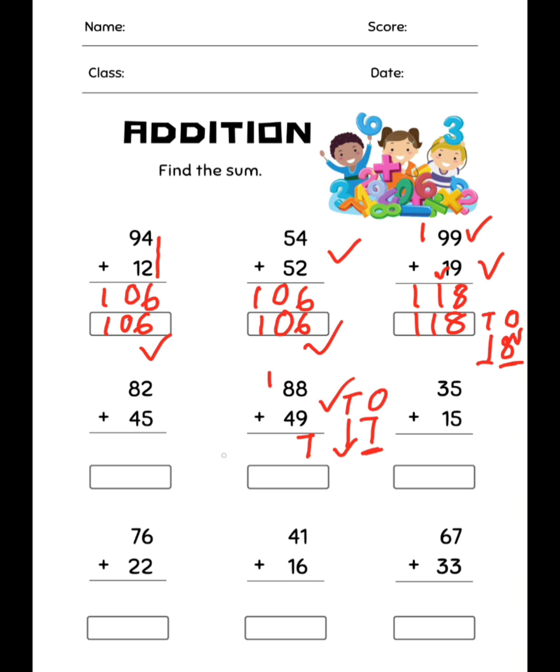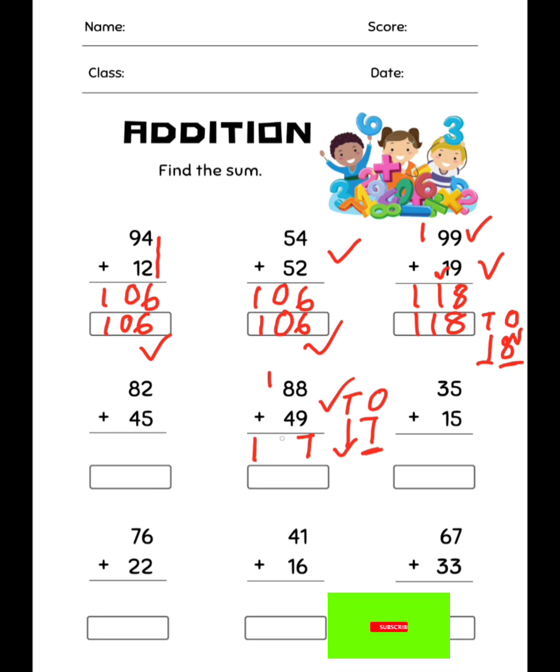Yes. Then what to do? 8 plus 1 is, what is the number after 8? 9. And 9 plus 4 is, once again you are going to take 9 in your mind and count 4. So in one hand you have 5 fingers, 1 finger less. So there are 4 fingers. Count after 9. 10, 11, 12 and 13.